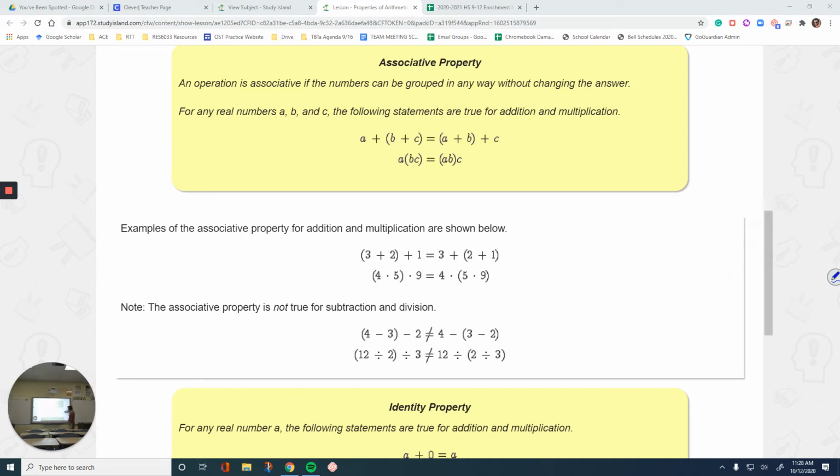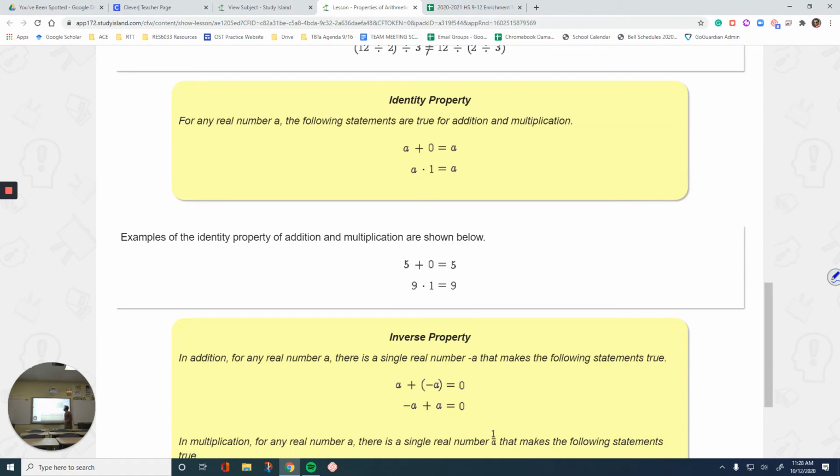Now let's check the identity property. So identity, let's talk about addition. When you tell me one number like 5, let's use 5 as an example. What number do you need to add to this so that the answer stays the same?